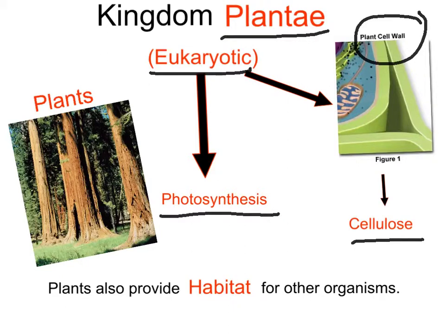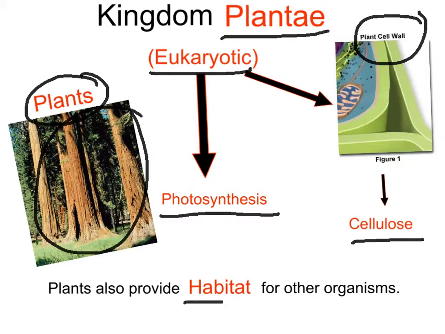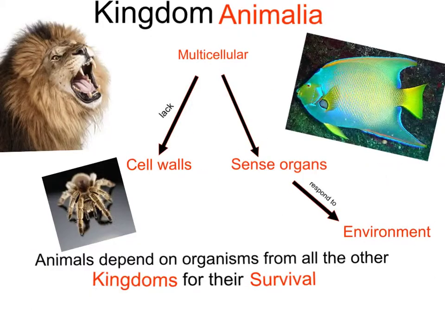Most life on Earth is ultimately dependent on plants, such as these big trees, for their energy and nutrition. Plants also provide habitat for other organisms, such as birds living in there or insects.